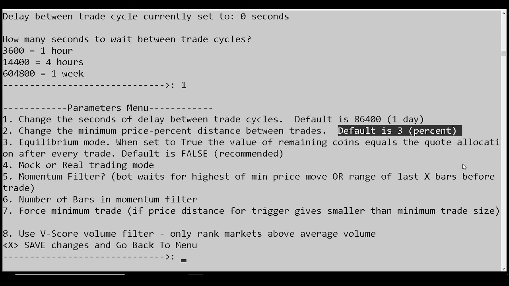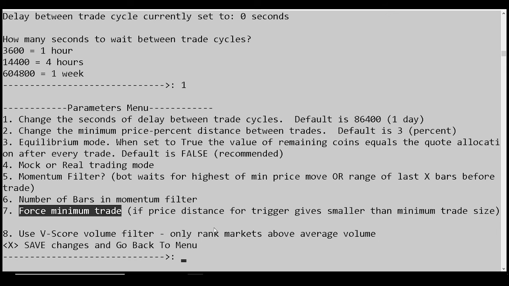And if the price rises by 100% divided by 90%, that's like 111%. The price rises by 11.11%, you're going to be selling 10% of the remaining coin. Okay, that's how it works. But when you force minimum trade, that can throw the system off and actually produce a negative unbiased growth.